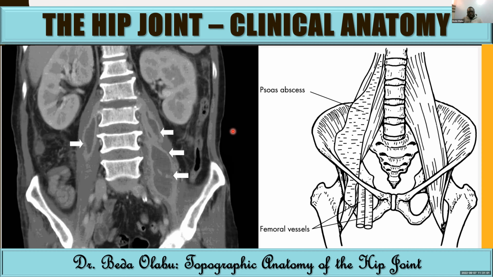Now, in some parts of the world, TB spine is a common disease. And even if it's not TB spine, infections are basically common in some parts of the world.